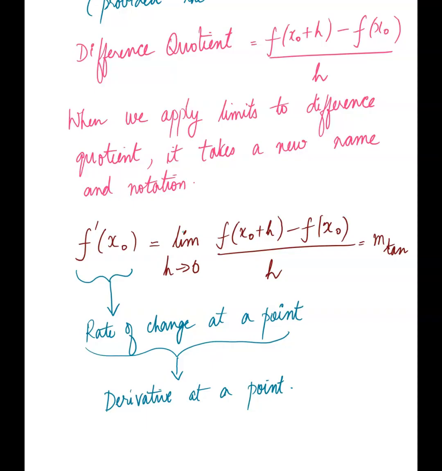So what does this do? What does the limit of dq mean? It means several things, as we saw. It means the slope of a curve at a point. It means the slope of the tangent line at a point. It also means the rate of change at a point. It also means derivative. So it takes on 4 meanings depending on the type of problem we're trying to address.